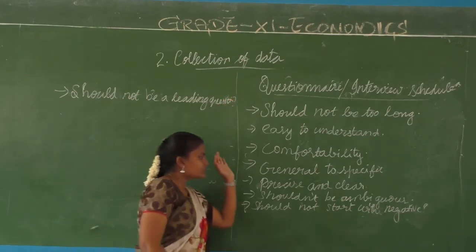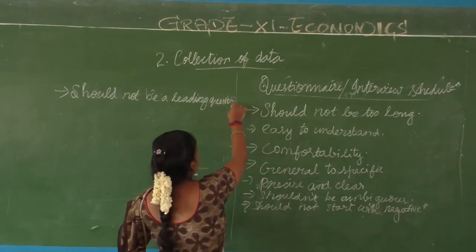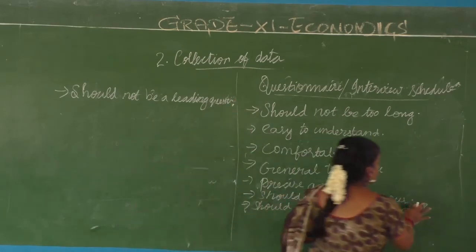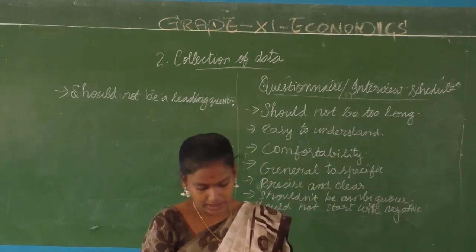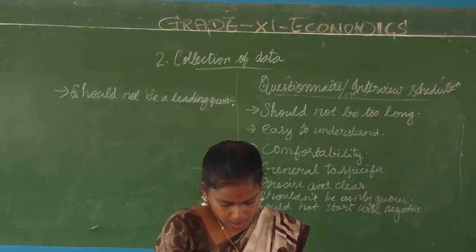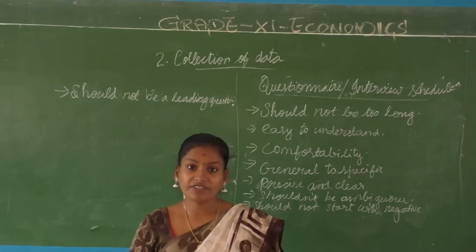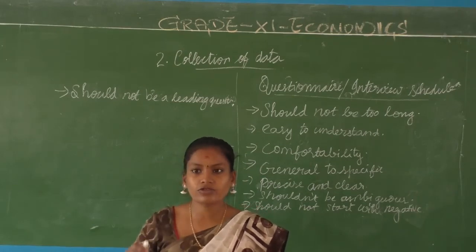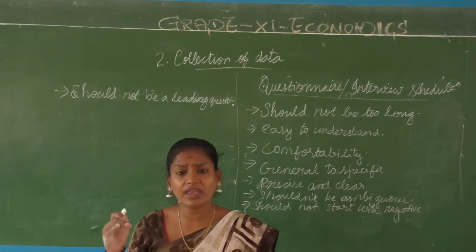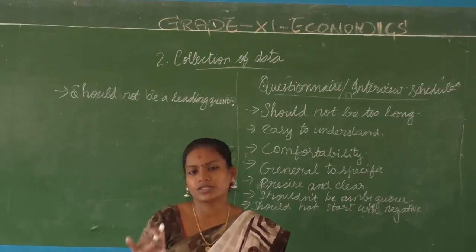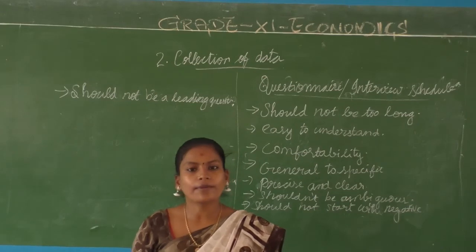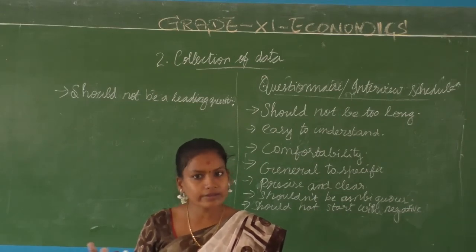How will you say that it is a leading question? You yourself give the answer to it. Like, how do you like the flavor of this high quality tea? You already mentioned that it is high quality, so they will just say that it is good. It should not be a question like that. It should be, how do you like the flavor of the tea?